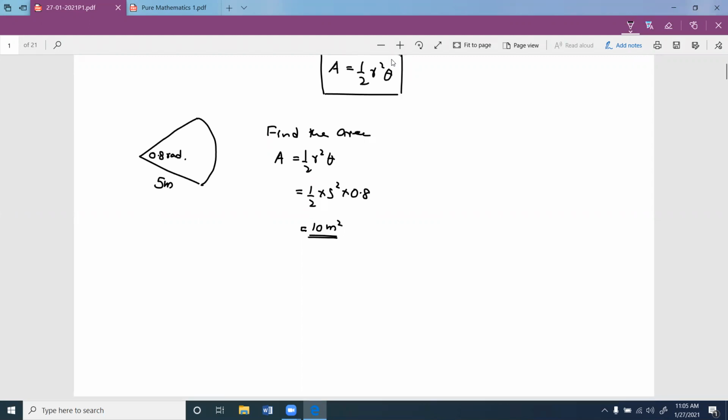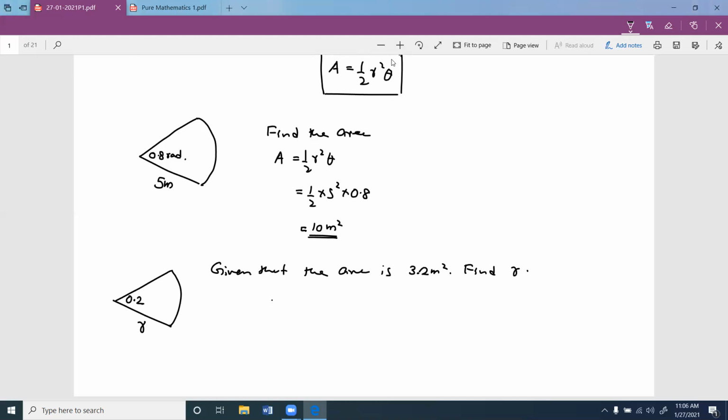Sometimes they might change the question in this way. Here the angle is 0.2 and the area is given as 3.2 square meters. They ask us to find r. Then it's simple.